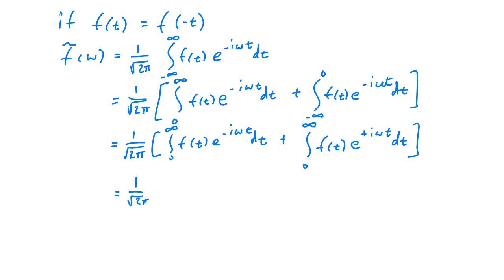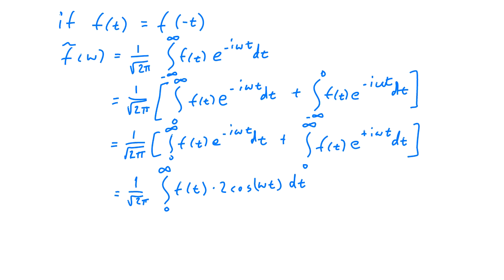So I have an integral from 0 to infinity, f of t, and now when I have an e to the plus i omega t and an e to the minus i omega t, that's a cosine. It's actually a 2 cosine. So I have this times 2 cosine of omega t, and then I have my dt as before.